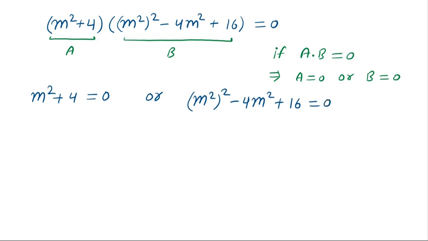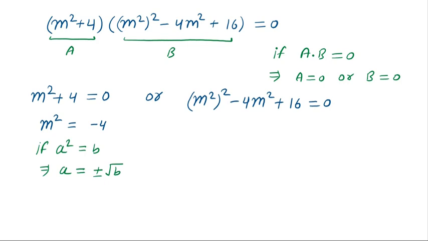If m square plus 4 is equal to 0, then m square is equal to minus 4. Now we know that if a square is equal to b, this implies a is equal to plus minus square root of b.